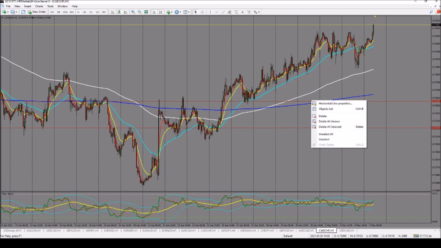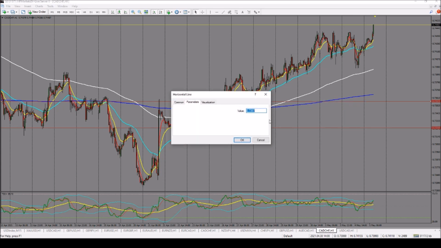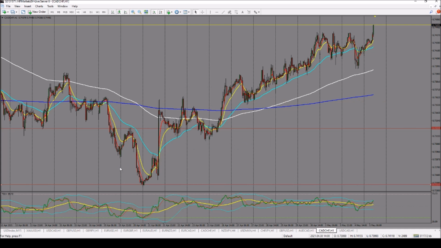Sorry, it's 0.7257, right? As you can see, we managed to predict this was the low, and on that, it's either we could wait for a setup or whatever, but we enter opposite to the market flow whenever we get the low of the market.